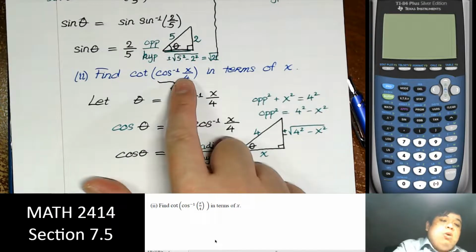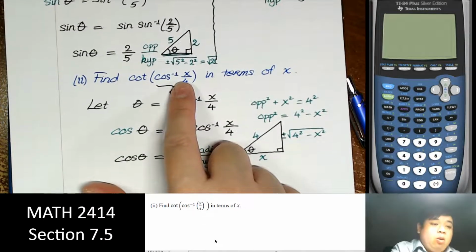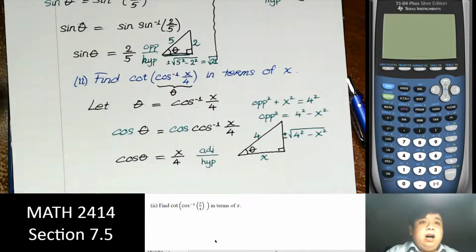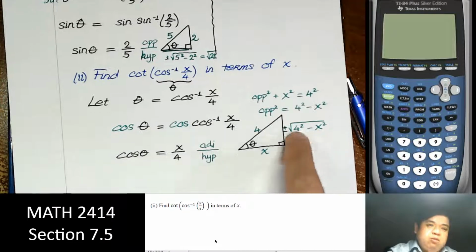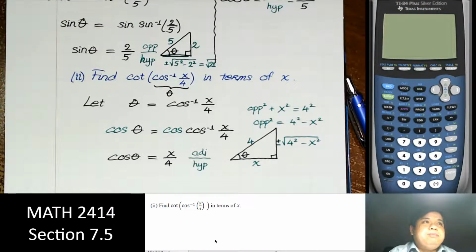For example, cosine inverse will give us quadrant 1 and 2. And cotangent of quadrant 1 and 2 actually could be negative. So just put the plus or minus here. It doesn't matter.